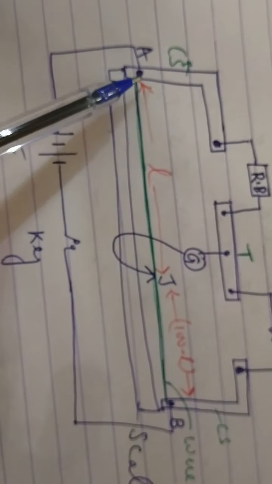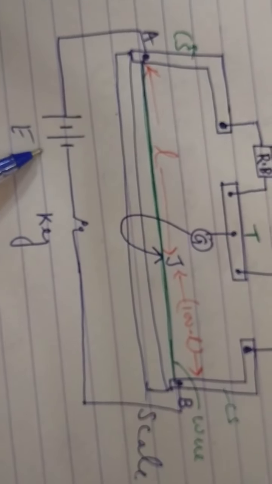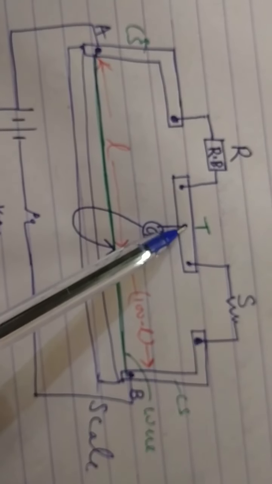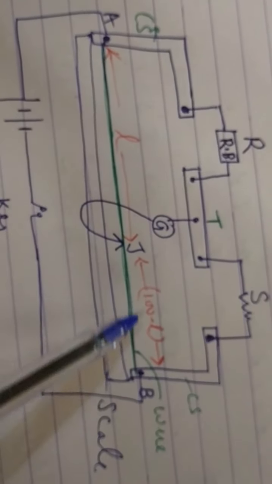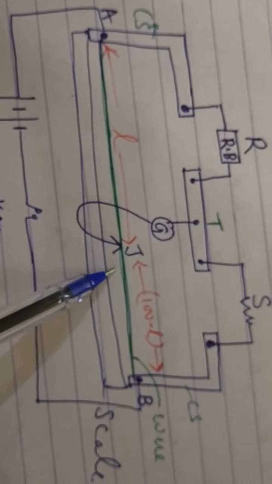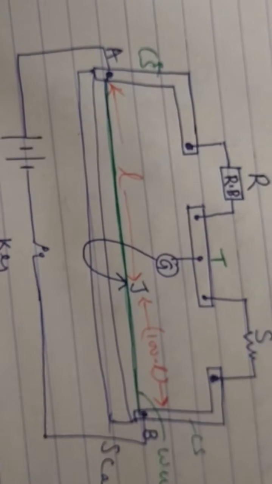Between points A and B we have to attach the source of EMF, that is the battery, and the key, and from the middle strip, the middle point, we have to attach a sensitive galvanometer and the jockey. With the help of the jockey we can slide on the wire. This is the construction. You can just write it down from your book.